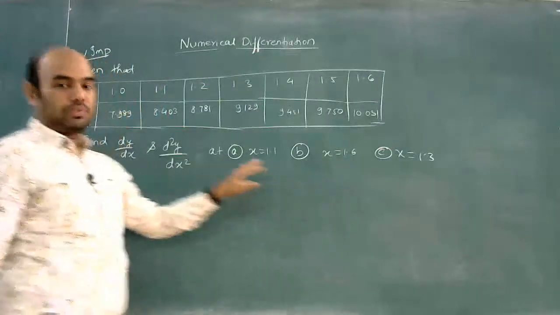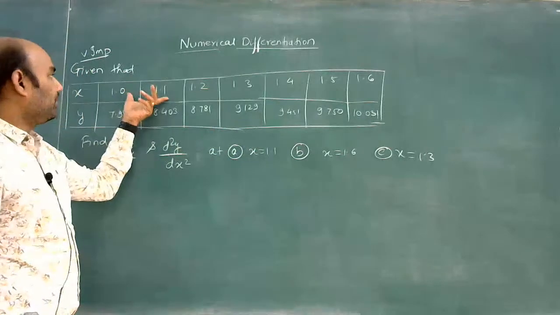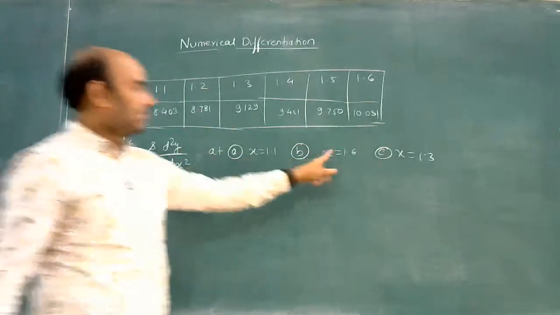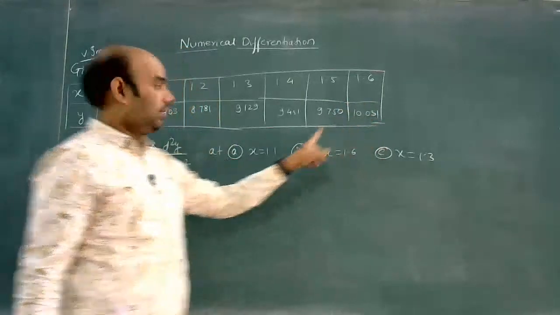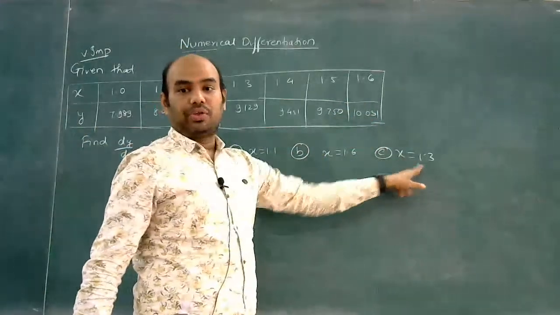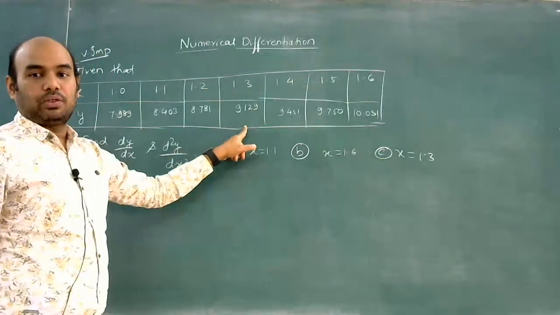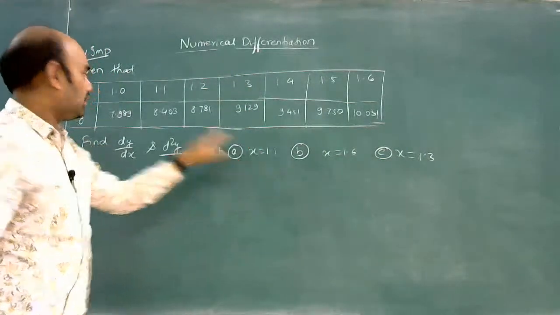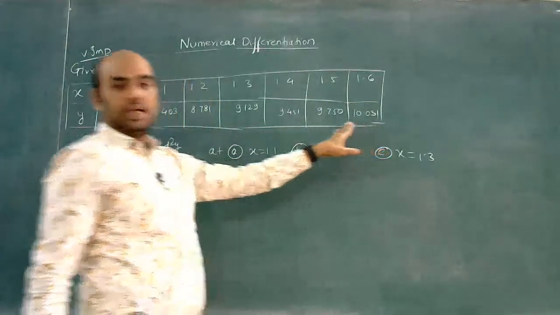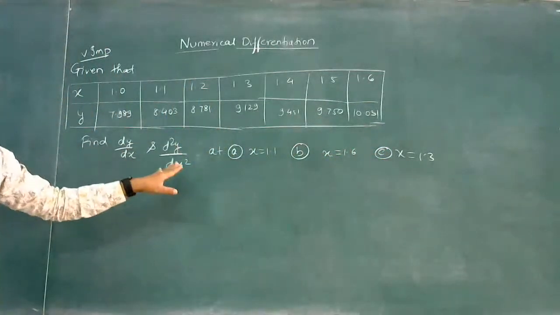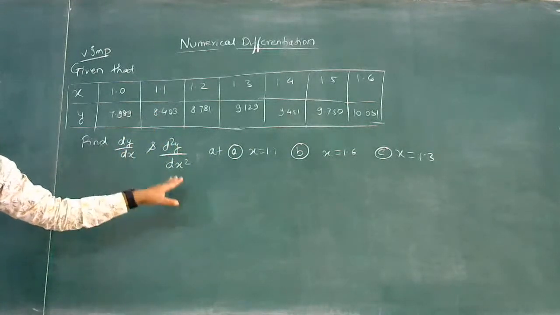Here x is equal to 1.1, it is in the beginning of the table. x is equal to 1.6 is at the end of the table, and x is equal to 1.3 is in the middle of the table. So values of x in the beginning, in the middle, and in the end of the table are given. You should know which formula we have to apply.